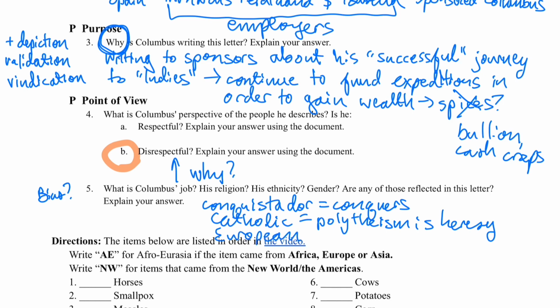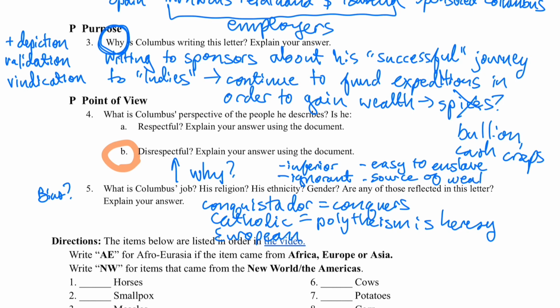So go ahead and take a moment, in complete sentences, to explain how his identity as an explorer or a conqueror or a European or as a Catholic could play into his perspective on the natives, how he describes the natives. So already with this one document, we have done historical context, audience, purpose, and point of view.